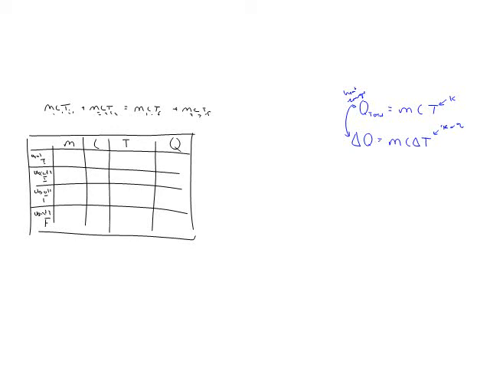And then, just like we did with the momentum, you're going to multiply these together to equal Q. After you do that for each row, you'll add the first 2 and set it equal to the second 2. So initial will equal final. And then you can rewrite and solve.